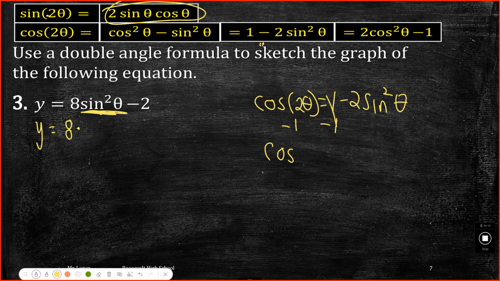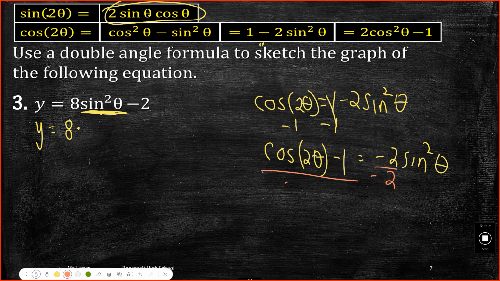Cosine 2 theta minus 1 equals negative 2 sine squared theta. I want sine squared theta by itself, so divide this by negative 2. Cancel. Now I've got my sine squared theta by itself.